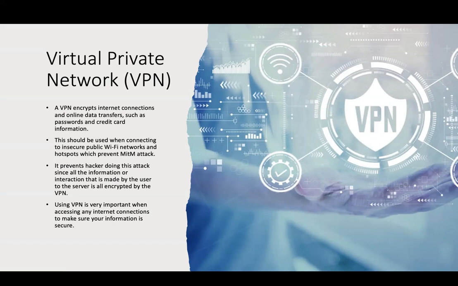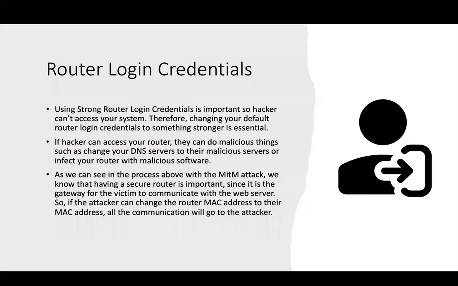So it prevents the hacker from doing this attack, since all the interaction is encrypted by the VPN. It's very important. It makes your internet connection and your communication between you and the web server secure, since it basically encrypts your information.